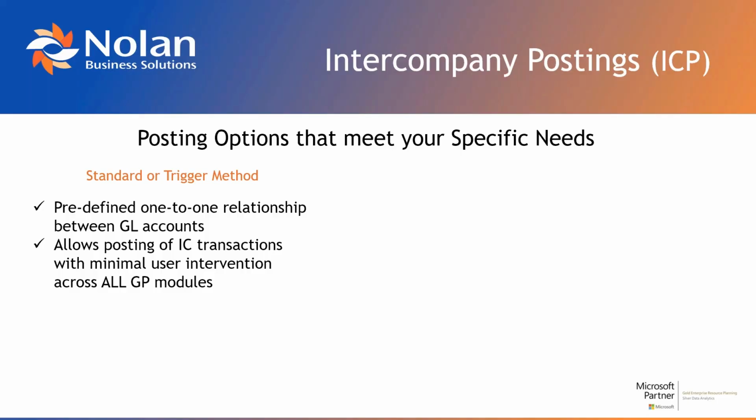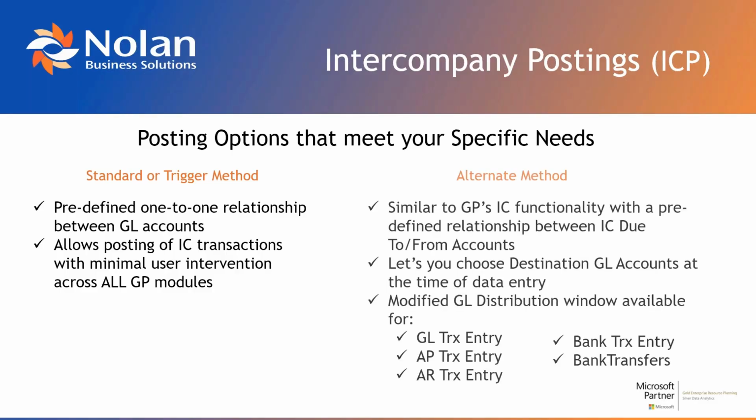Having done that predefinition up front allows you, on the GL distribution screen of any module in GP, the ability to post to any GL account, whether it's within that source company or into a destination company that you've created a relationship with. So a little bit more work up front, but I think it significantly streamlines the data entry process afterwards. So we will enter a transaction with the trigger method so you can understand that better.